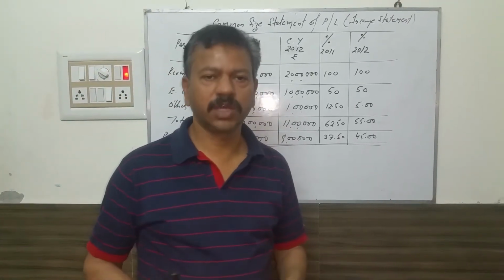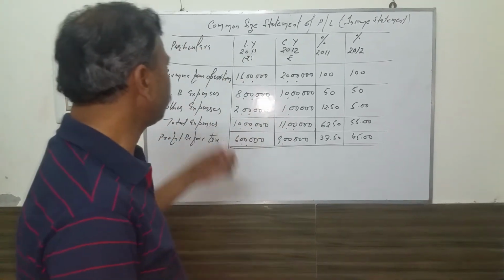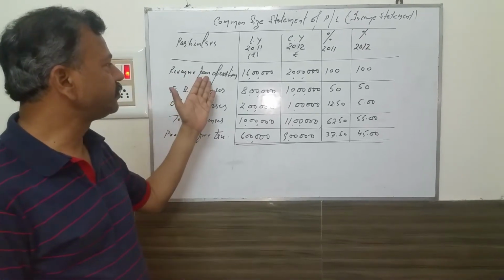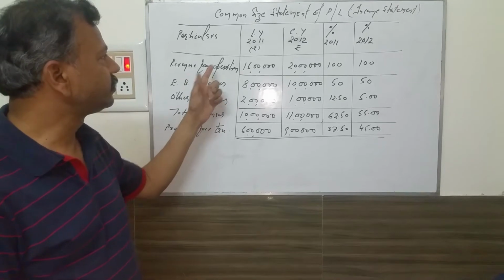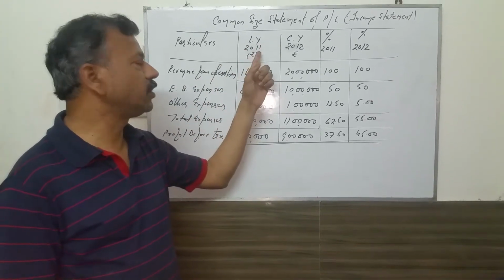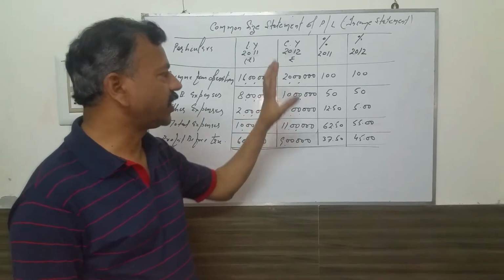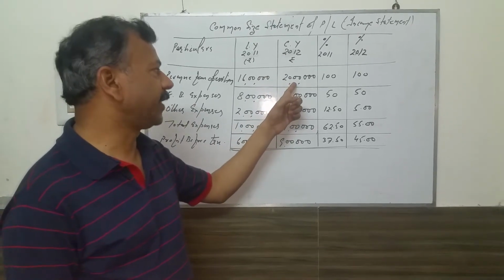So I am assuming figures for you. Number one, I am taking revenue from operation. Revenue from operation in the last year, 2011, is 16 lakh, and in the current year, assuming the figure, 20 lakh.